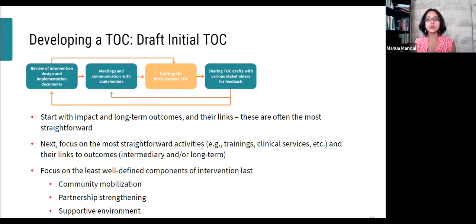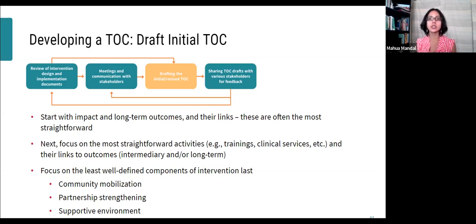So once one or more components of a theory of change have been put on pen and paper and agreed upon, then these components can act as an anchor to help conceptualize, discuss, and revise the rest of the theory of change, which is often more complex and nuanced. So when you're working on the more complex components of the theory of change, these might be things that are less defined or least well-defined.